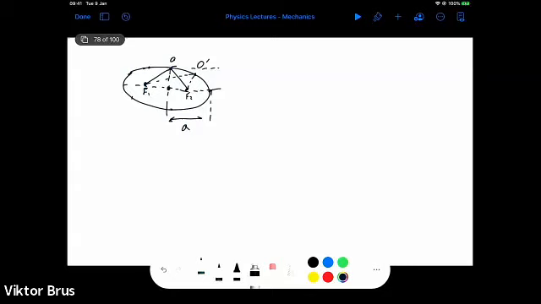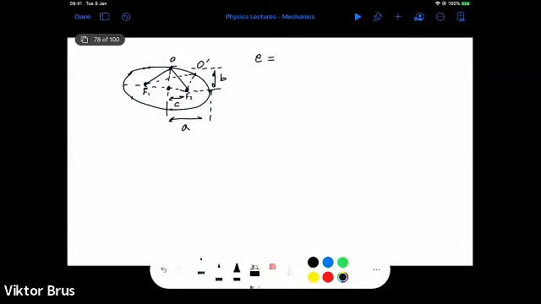The smaller distance from the center to the edge of the ellipse shape is called B, which is the minor or semi-minor axis, and the distance between the center and the focus here is C.